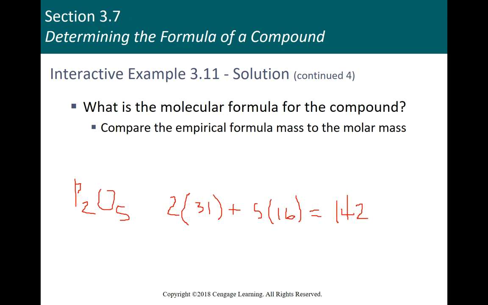Okay. In our prompt, it said our given molar mass was 283.88. So we take the molar mass given in the problem divided by the calculated empirical mass, and we come up with 1.999, which basically equals 2.